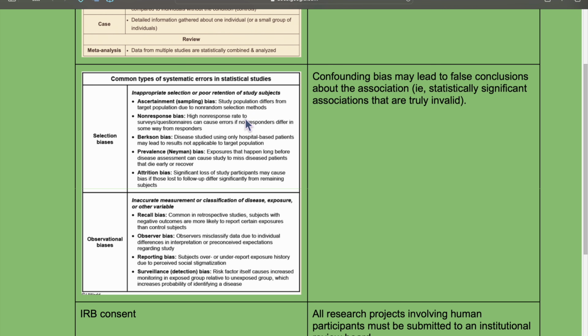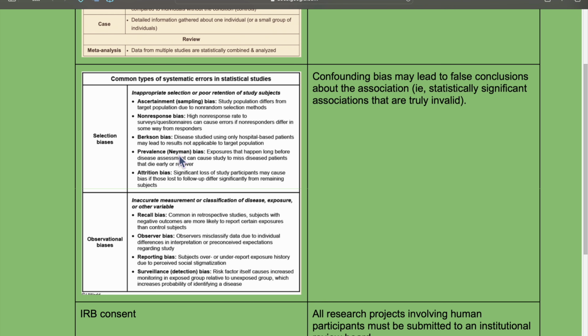Non-response bias is a higher non-response rate to surveys or questionnaires, which can cause errors if non-responders differ in some way from responders. Berkson bias is the bedside bias, right? A disease studied using only hospital-based patients may lead to results not applicable to the target population.